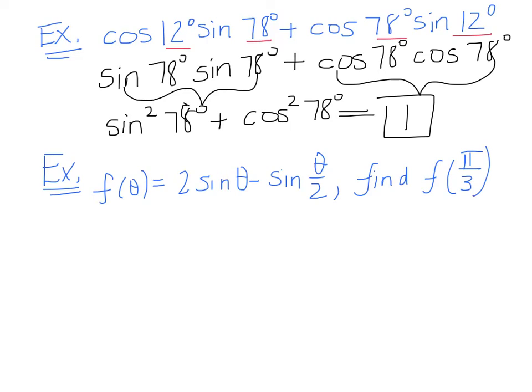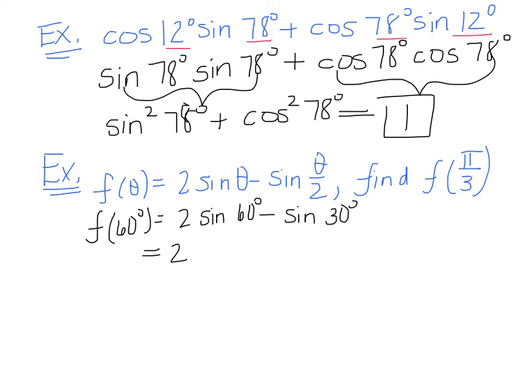So basically, I'm plugging in 60 degrees for theta. And right here, this is 60 divided by 2, so that's 30. So, what I need to do first is find sine of 60.